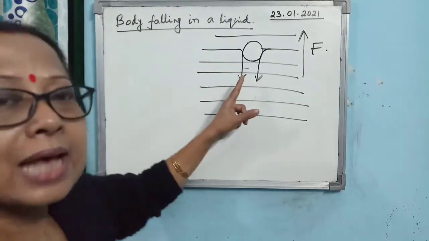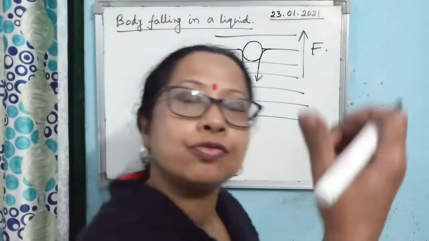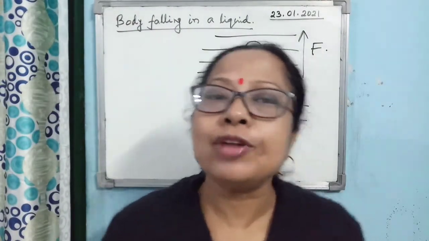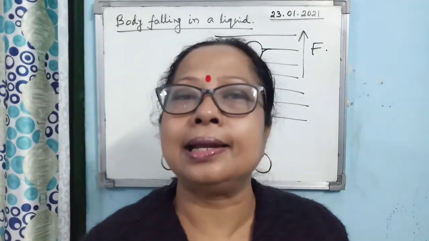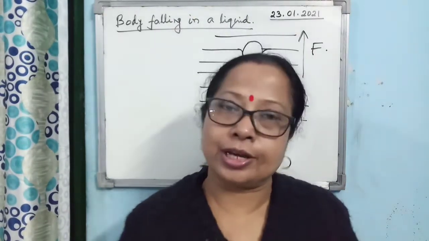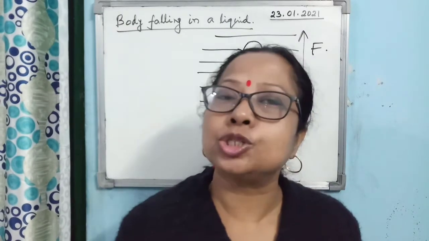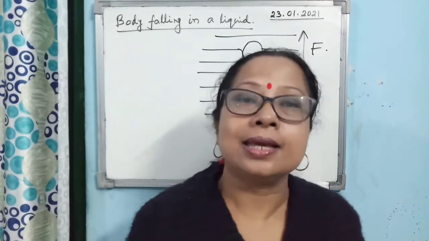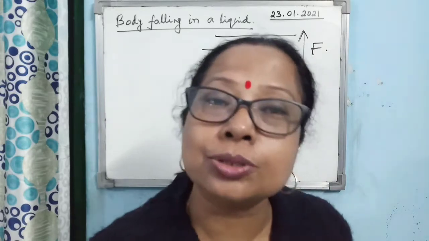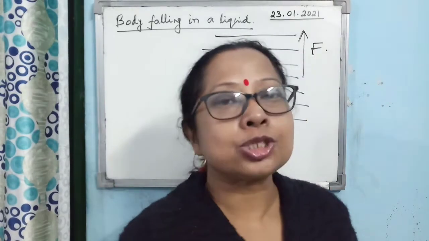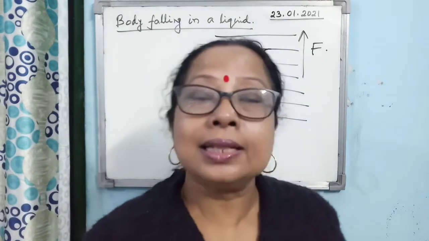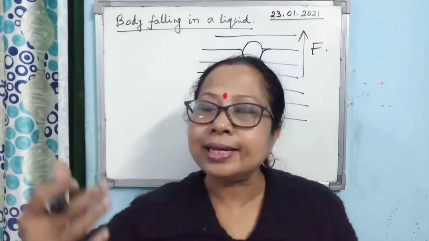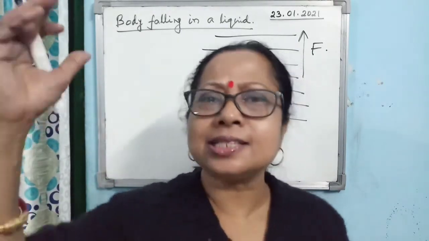Why is it happening? When the raindrop is falling down through the different layers of air, it is trying to drag the air layer in the downward direction. So the air layer exerts a viscous force opposite to the direction of motion. After some time, the viscous force and the gravitational force balance each other.